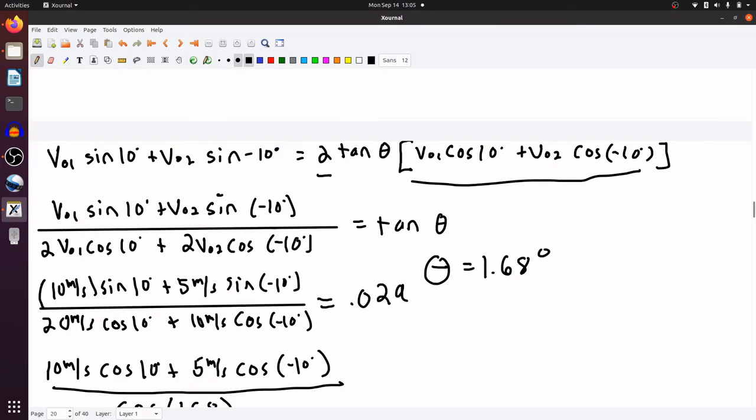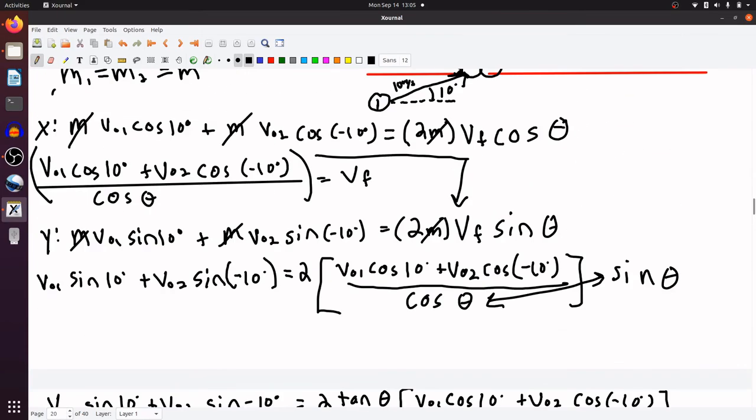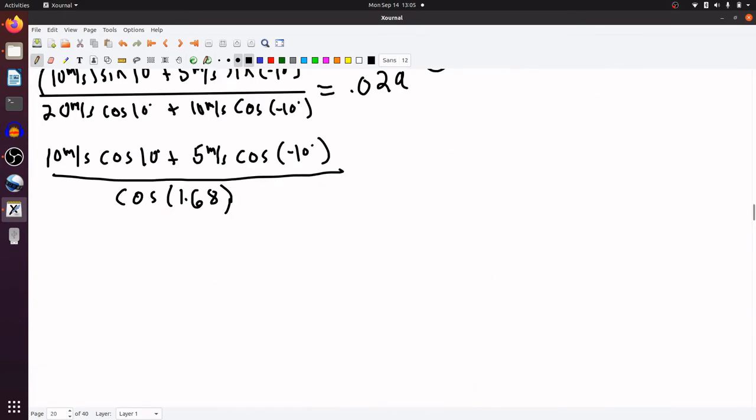Let me make sure that's right. Yeah. All right. 10 times the cosine of 10 plus 5 times the cosine of negative 10. Divide that by the cosine of 1.68.